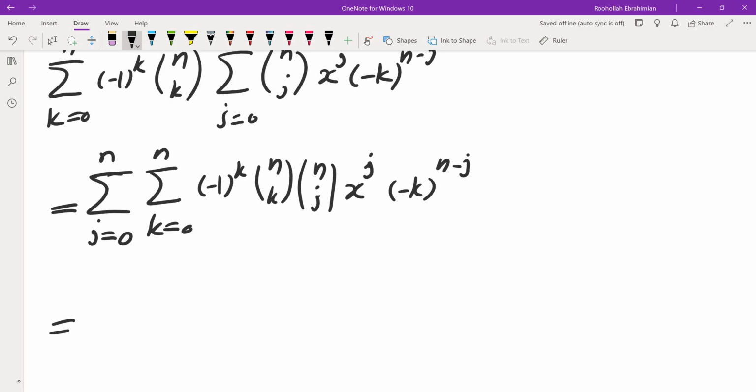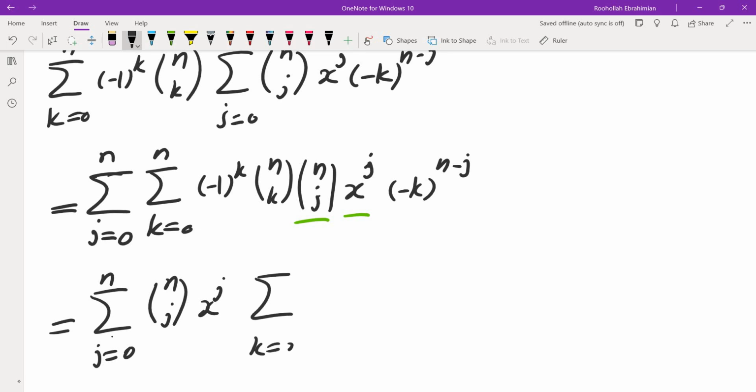Now I'm going to take out everything that does not depend on k, because the inner sum is independent of j. So I can take out anything that has j and n in there. So I have n choose j, that I can take out. I have x to the power of j. So this term and this term do not have any k in there, so I can take those out. And I'm going to leave the rest in place, and I'm going to evaluate this inner sum: n choose k, negative k to the power of n minus j.